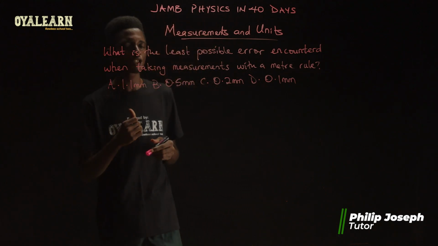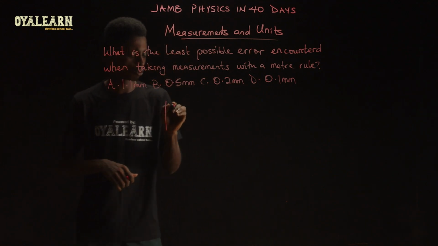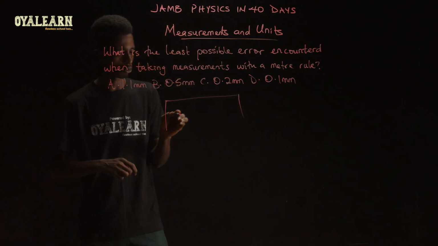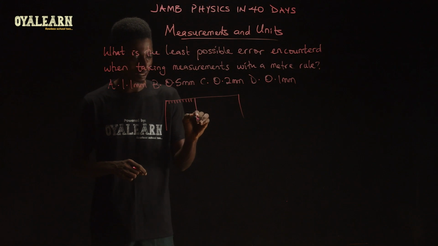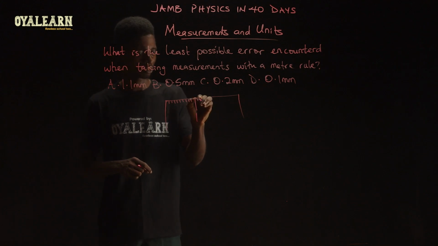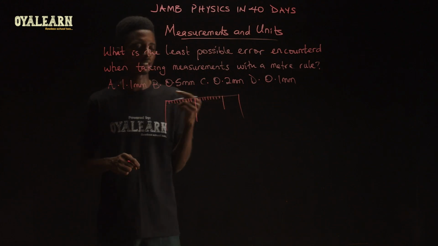And the smallest measurement you can get is 1 millimeter. So let's take an enlarged look, a diagram of a meter rule, for example, where we have 1, 2, 3, 4, 5, 6, 7, 8, 9, then 1 centimeter, then 1, 2, 3, 4, 5, 6, 7, 8, 9, then the next one, and so on like that.